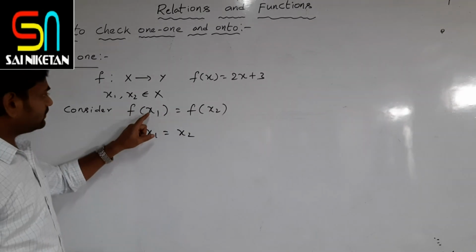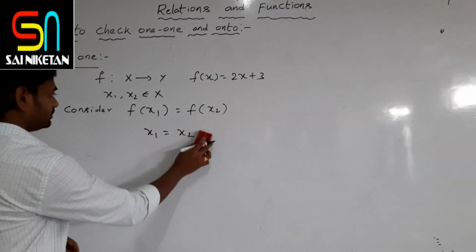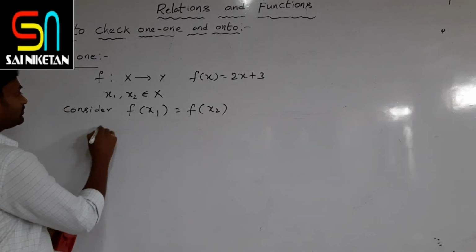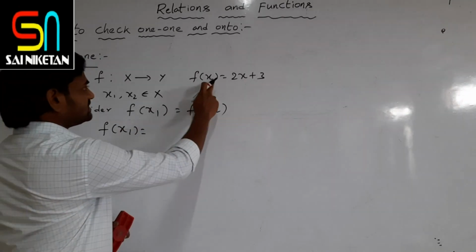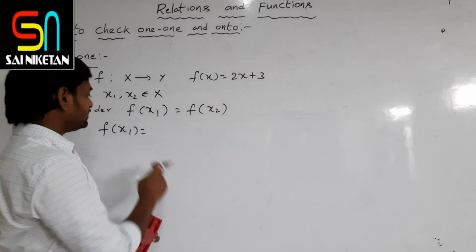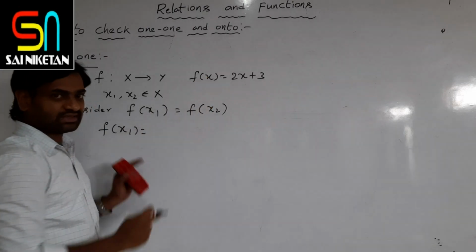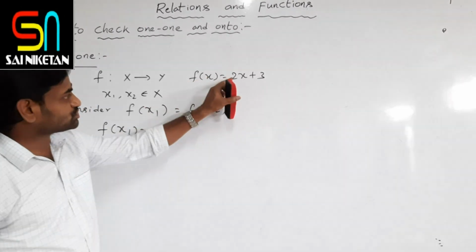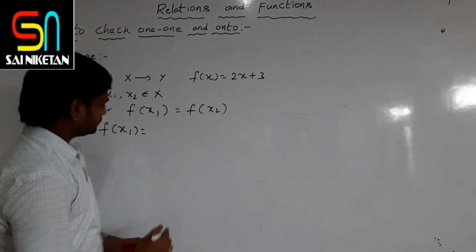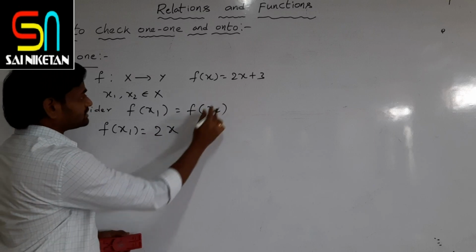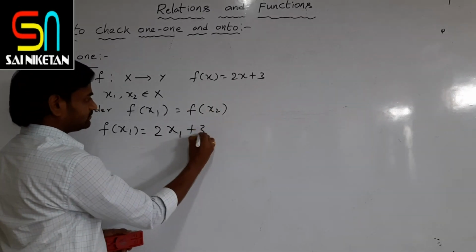Now condition is f of x1 equal to f of x2. What is the f of x1? F of x is 2x plus 3. Just substitute here, in place of x is x1. That is 2x1 plus 3.